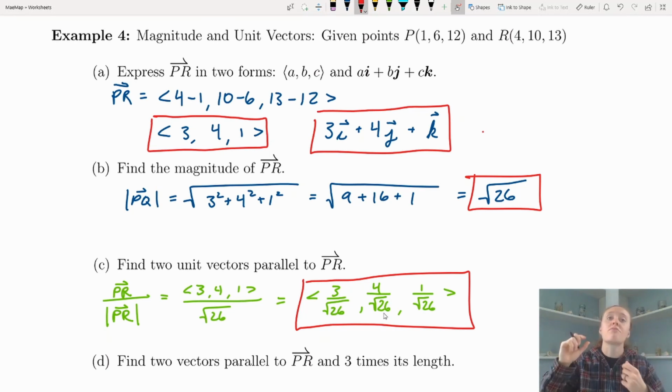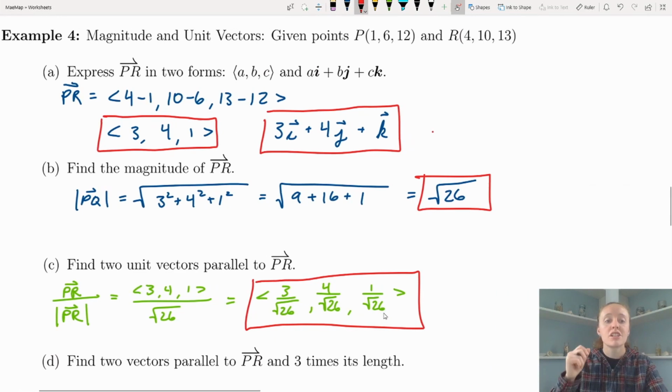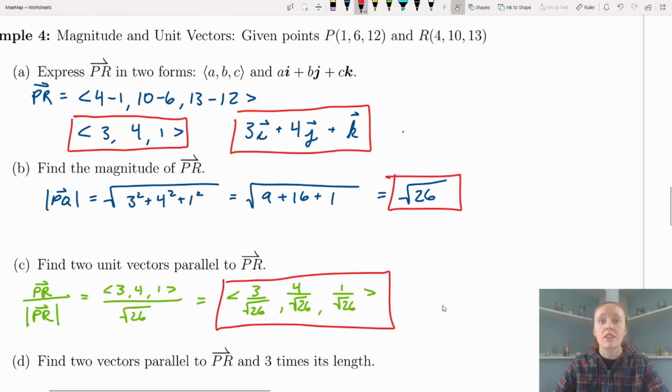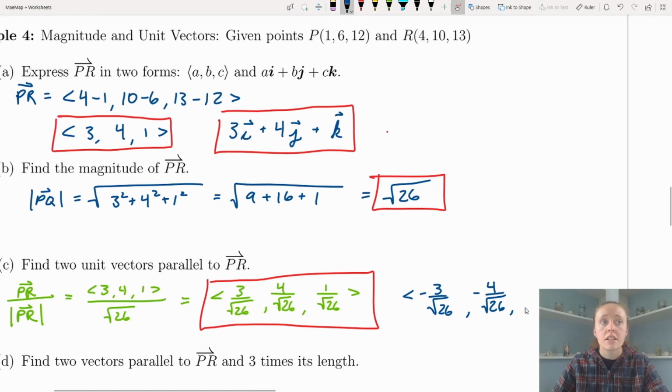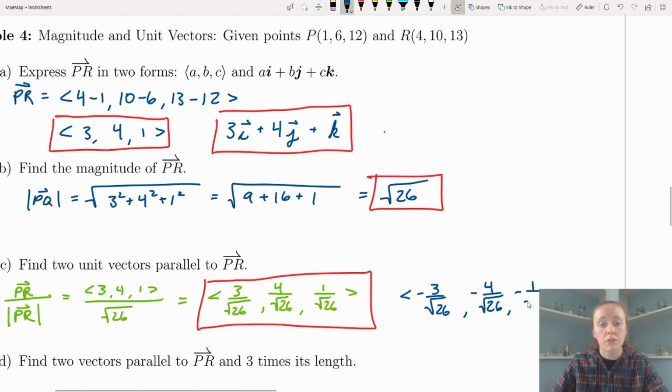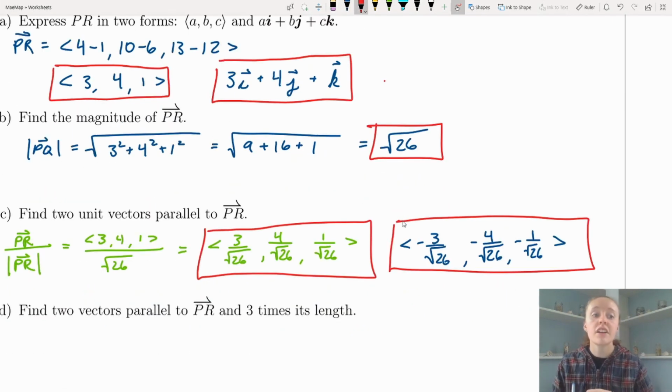So then I'll get that unit vector parallel to PR, but in the opposite direction of PR, however, still parallel. So then I'll have ⟨-3 over root 26, -4 over root 26, -1 over root 26⟩. There's another unit vector parallel to PR. This one just happens to be in that opposite direction.